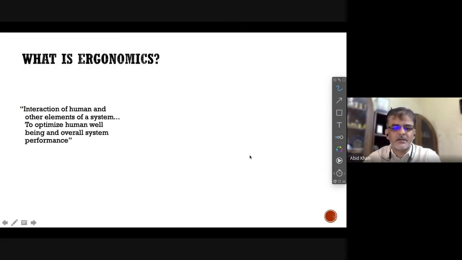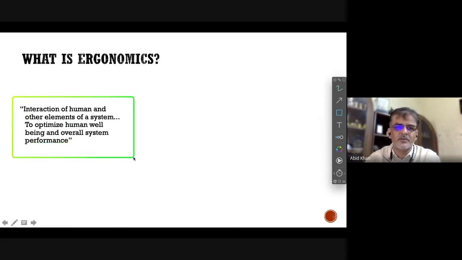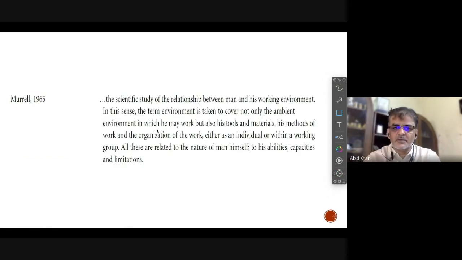This is nothing but the interaction of human and other elements of the system to optimize human well-being and overall performance. We are not only concerned with human well-being, we are also concerned with the performance and to reduce the fear of losing the skill. I'm going to introduce you to some of the definitions of ergonomics.